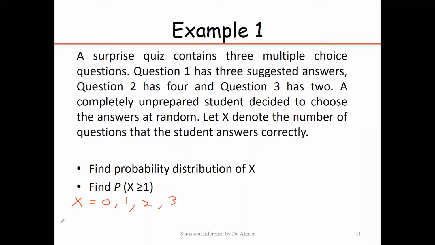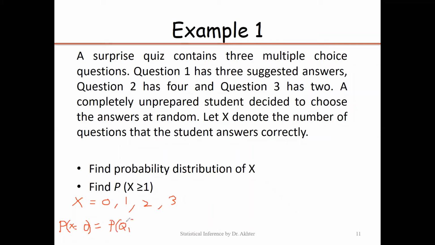Now we have to compute the probability of each point. The probability of x is equal to 0 means what? Out of the three questions, none is solved correctly, means all are wrong. So question number 1 is incorrect.